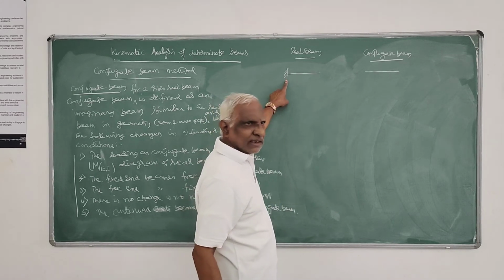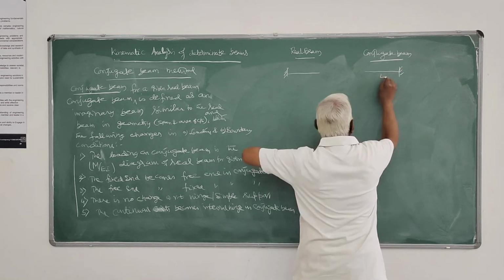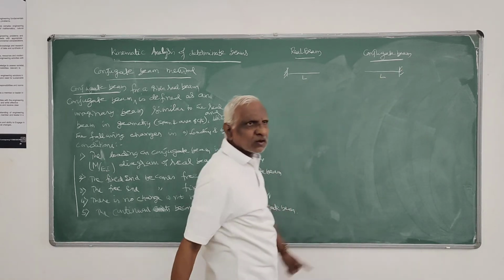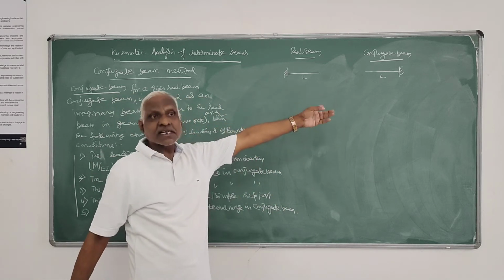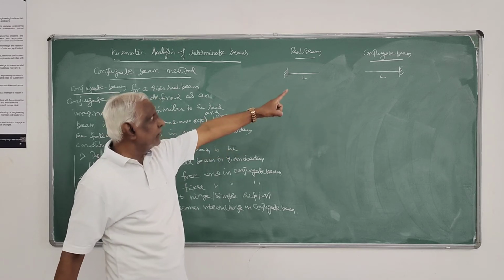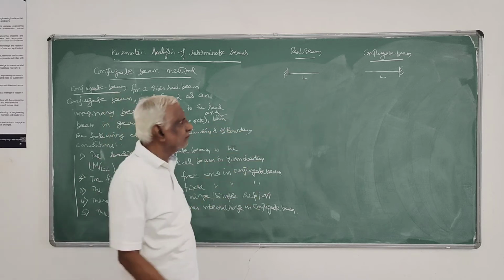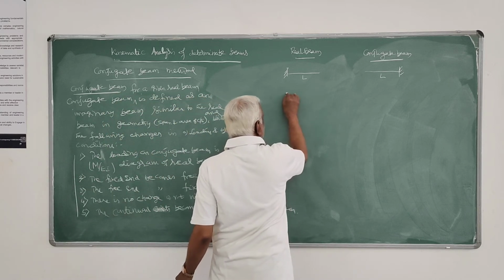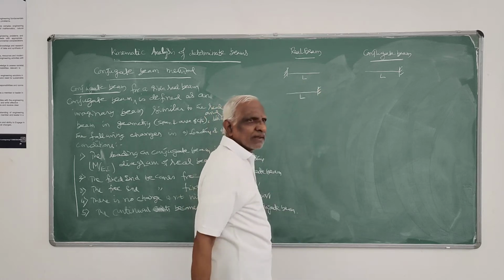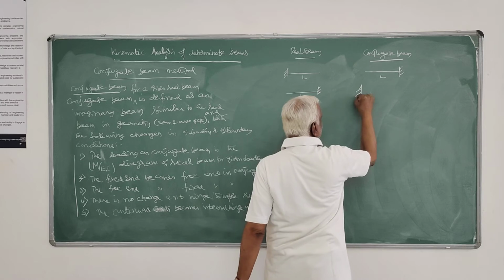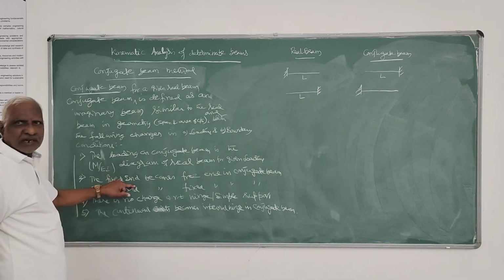But the fixed boundary condition will become free, and free will become fixed. So this is that conjugate beam of a cantilever like this. Similarly, if the given real beam is the other way, then it becomes like that. So that takes care of whatever I have told here.